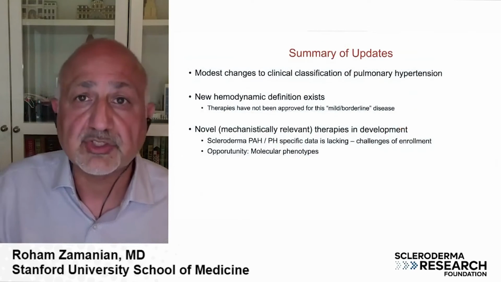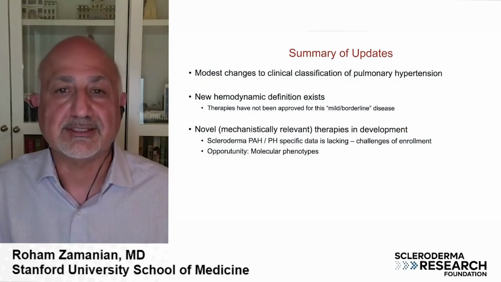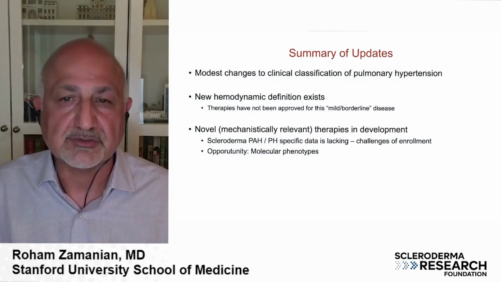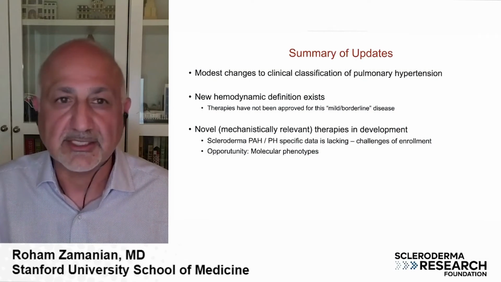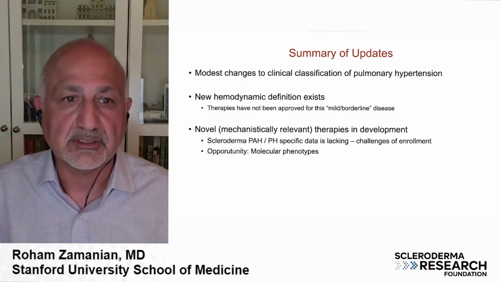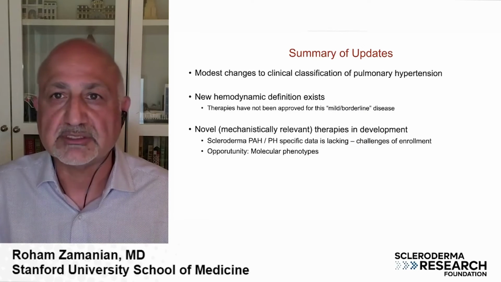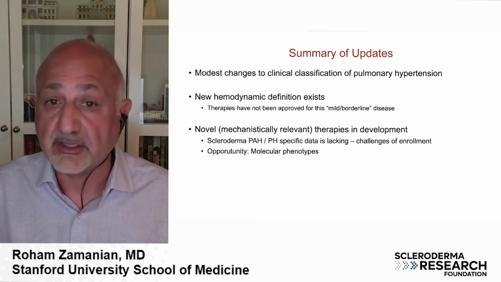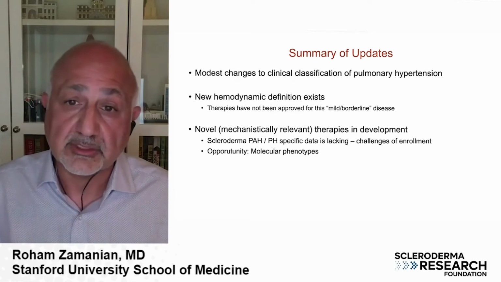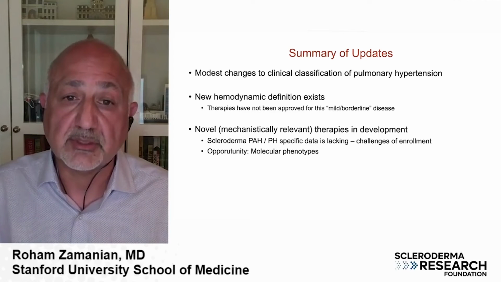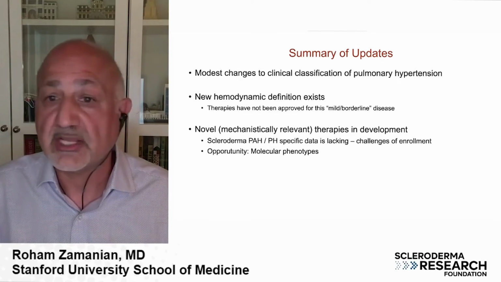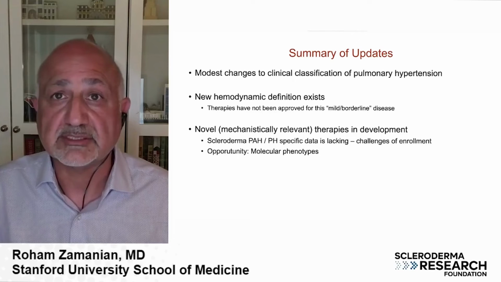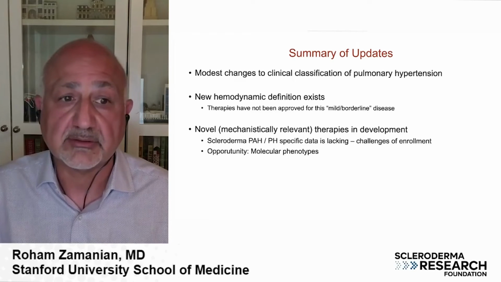So I really appreciate your time today, and really excited to be in this forum. Looking forward to taking some questions. But ultimately, my point here is there's a lot of exciting research and a lot of exciting clinical developments relevant to systemic sclerosis and pulmonary hypertension, but the challenges exist for enrollment as a subclass of a rare disease.